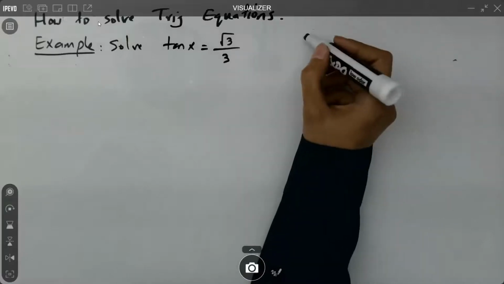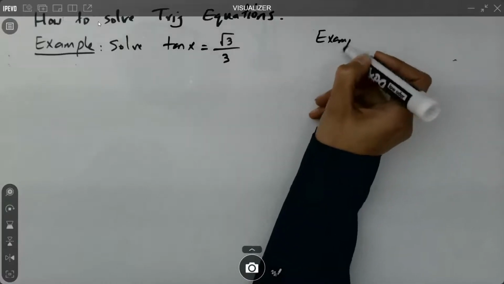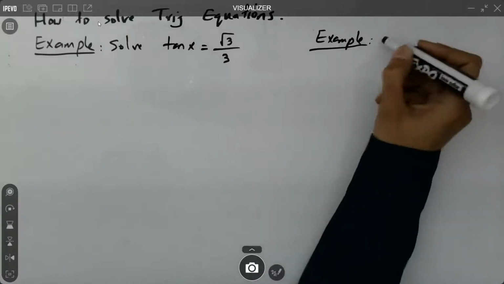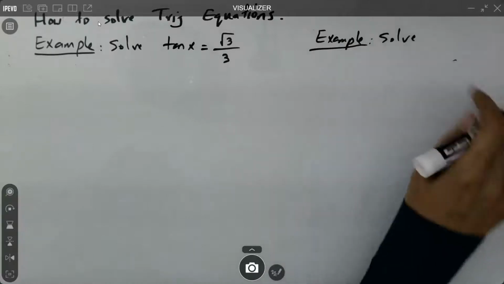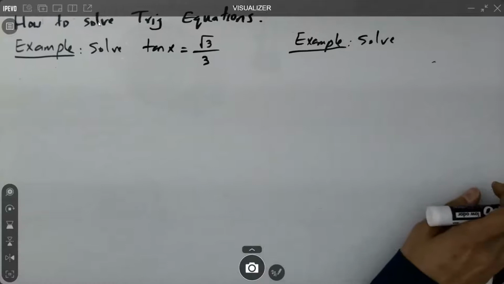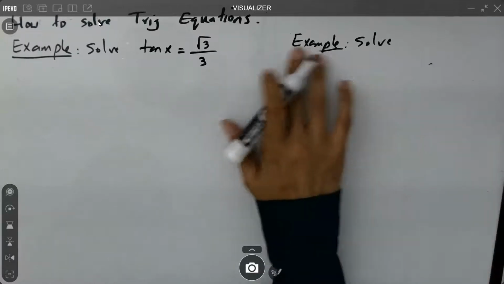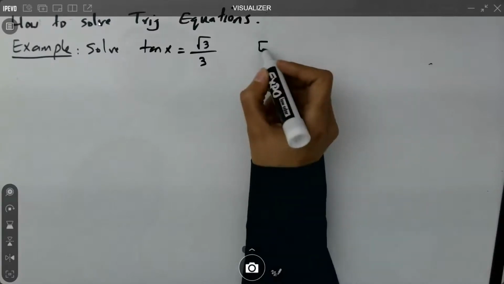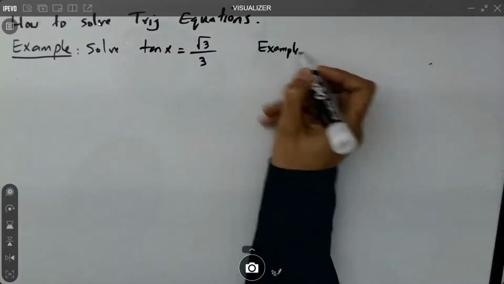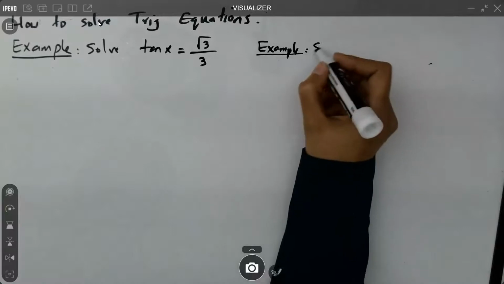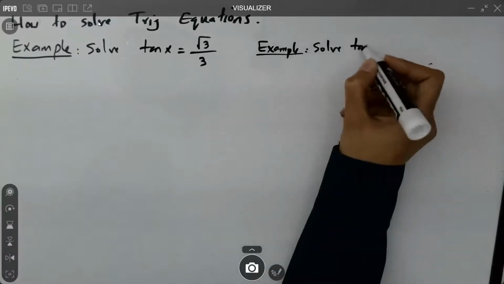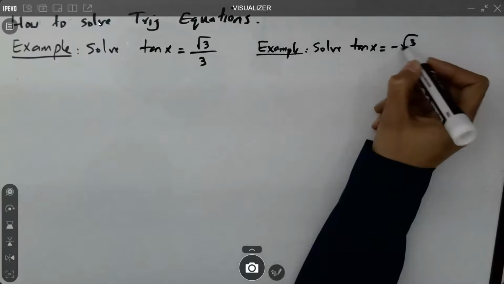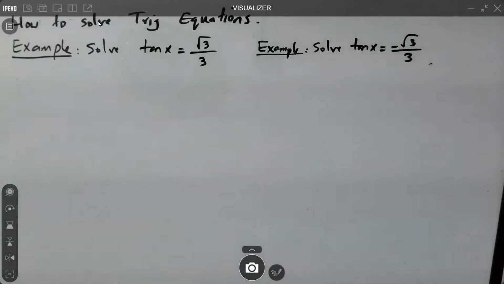And I'm going to give you another example so you can see this side by side. Solve tangent x equals negative square root of 3 divided by 3. Okay, let's check each one of these separately.